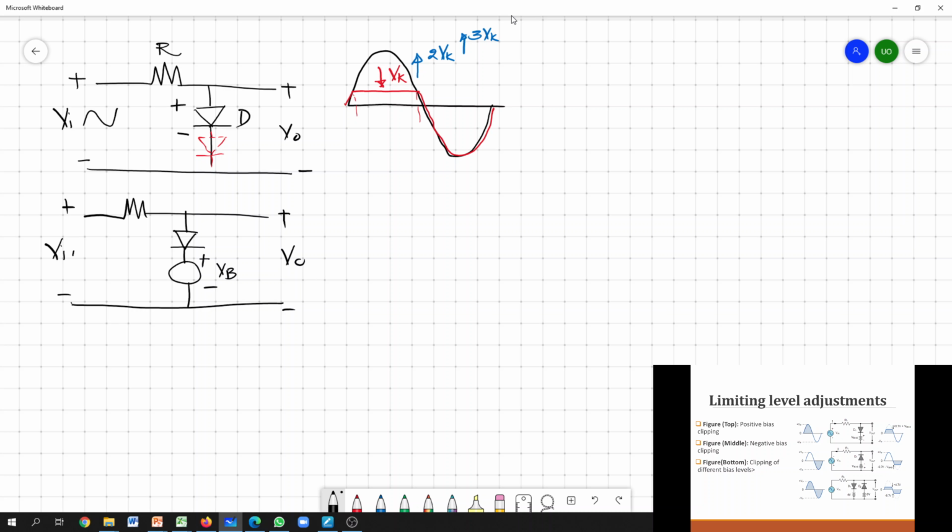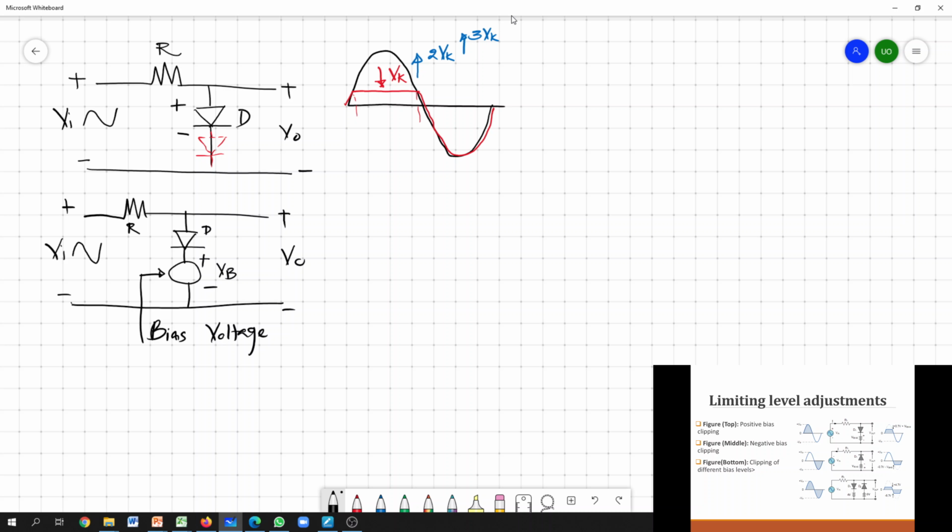This is your input, right? This is a resistor and this is the diode. Rather than introducing multiple series diodes, we add a bias voltage. We can think of it as a battery, a fixed DC voltage source.